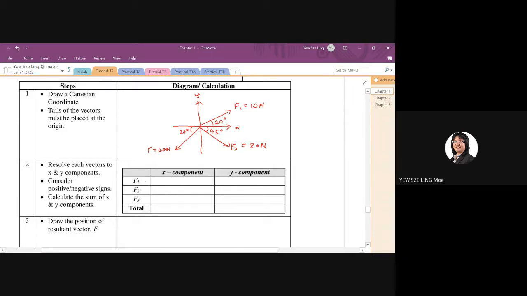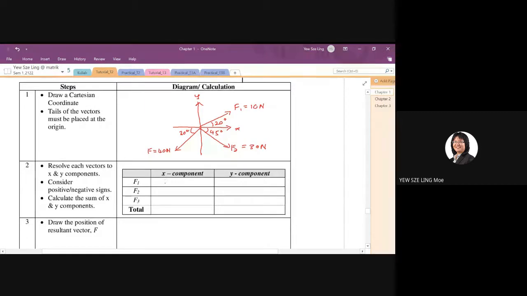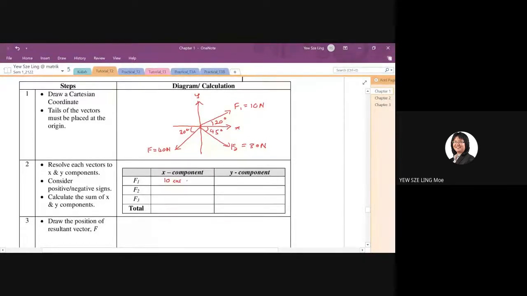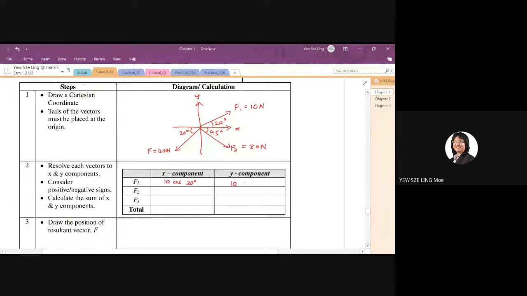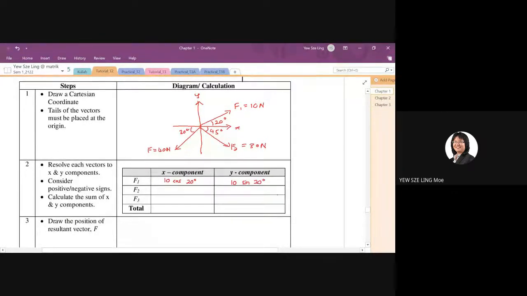So F1, the x component, is 10 Newton cos 20 degrees. I use cos because the angle is located beside the x component. So if the x component uses cos, then the y component will be sine: 10 sine 20 degrees.